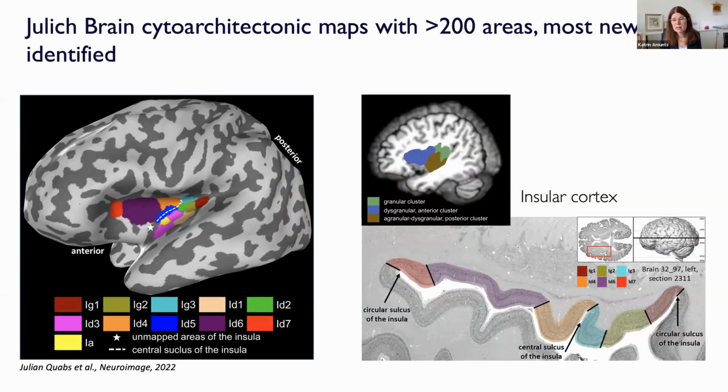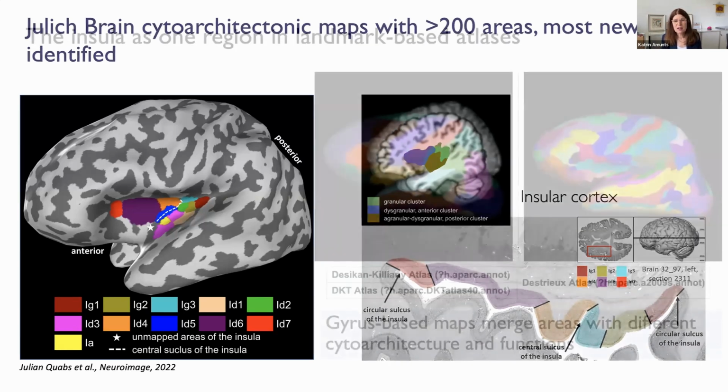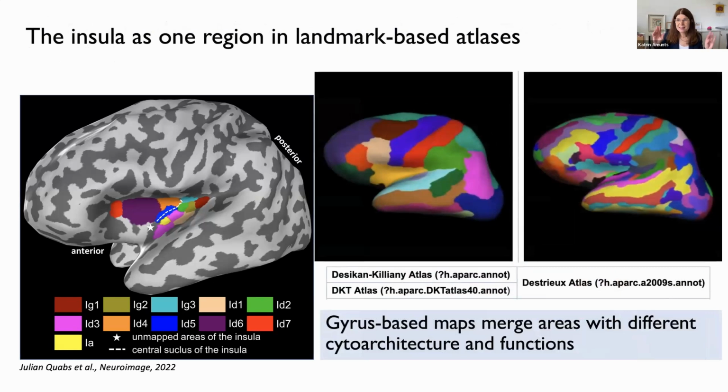These areas parcellate the insula, and on a higher level we can group them into granular, dysgranular, and agranular clusters or areas, but the finer subdivision still holds true, and that means the insula is really highly parcellated. And sometimes the insula is also seen as a brain in the brain because it has so many functions.